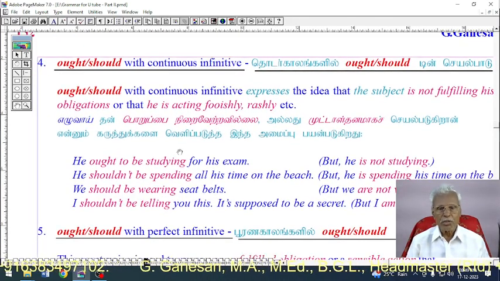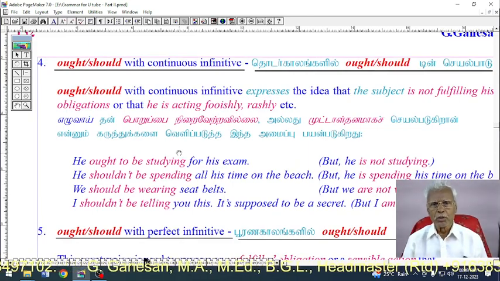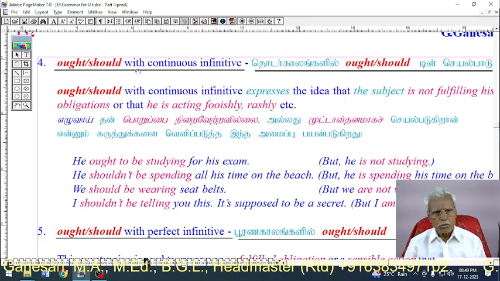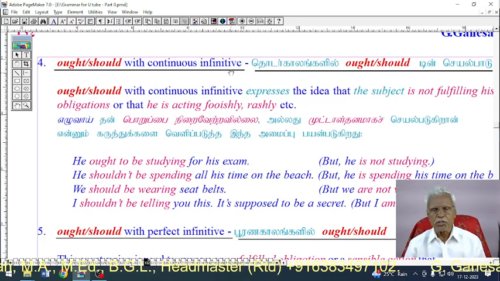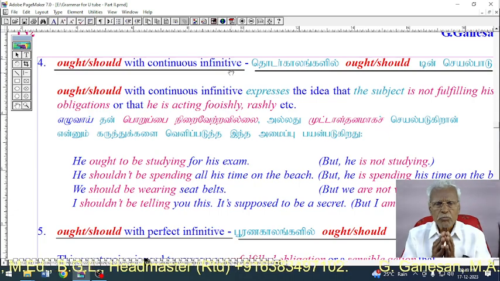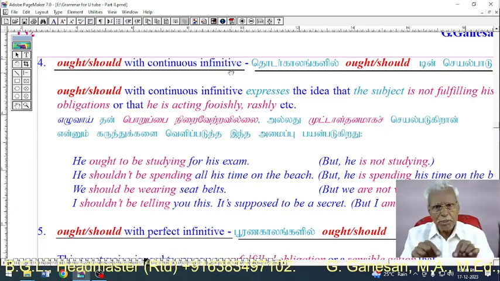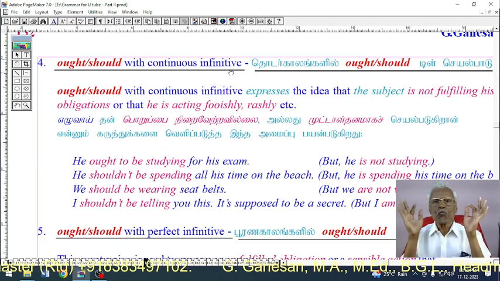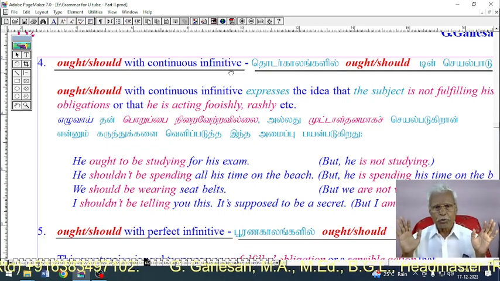See, the fourth use, dear students: the fourth and fifth uses are very, very important. Ought or should with the continuous infinitives. That is, ought or should plus be plus present participle. What is its use?